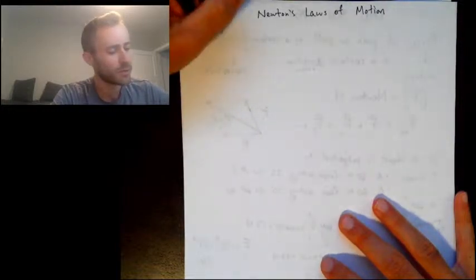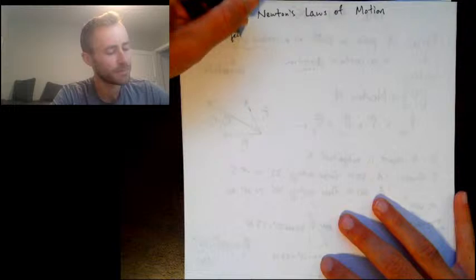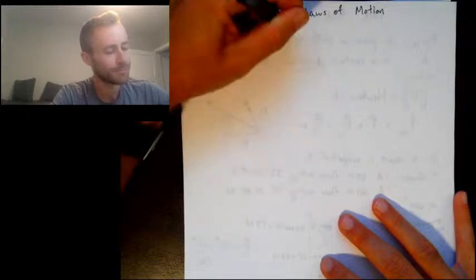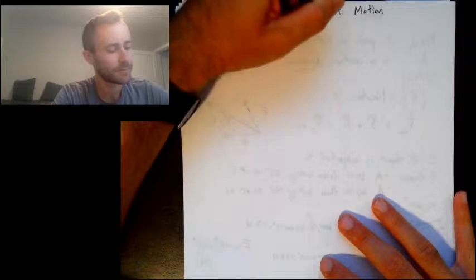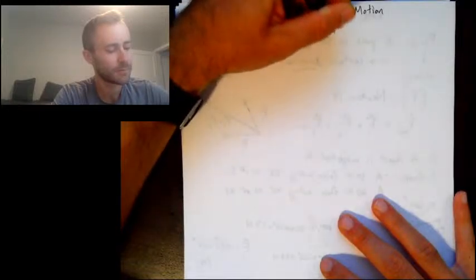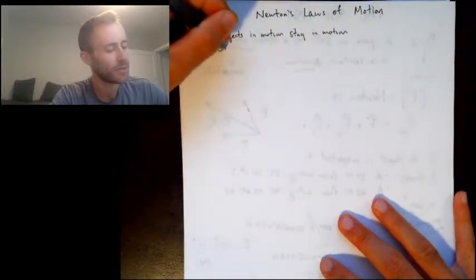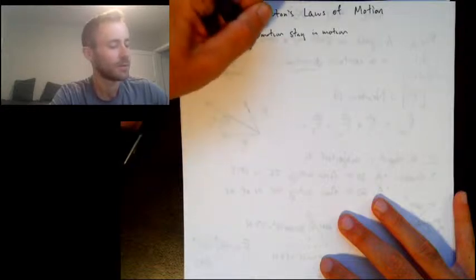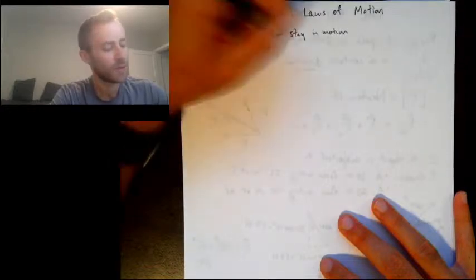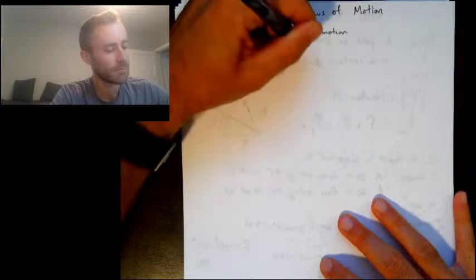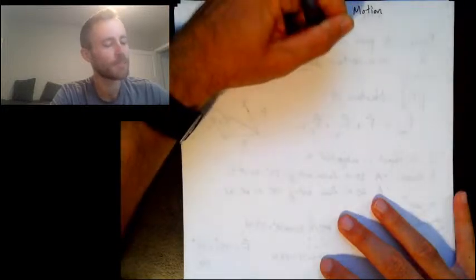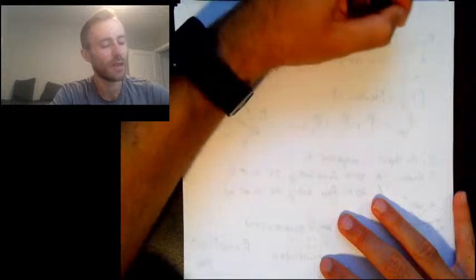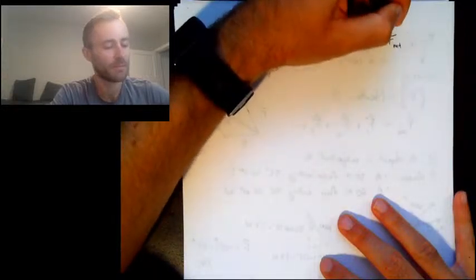The first law of motion says that objects in motion stay in motion. Objects at rest stay at rest. When the net force is equal to 0.